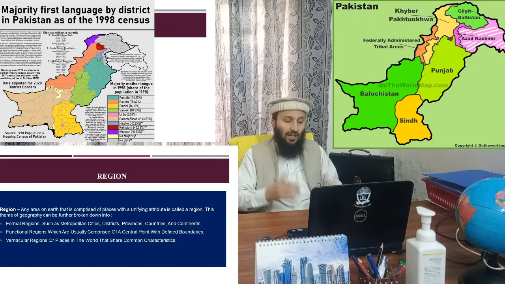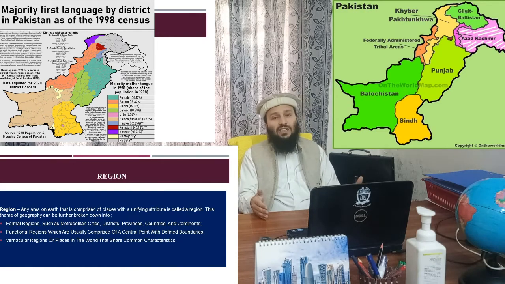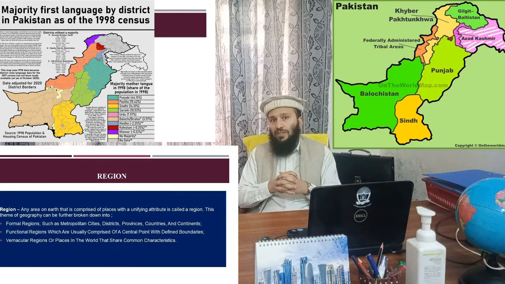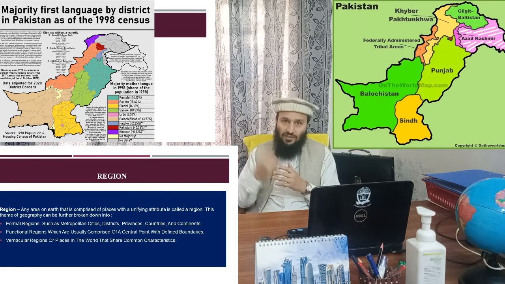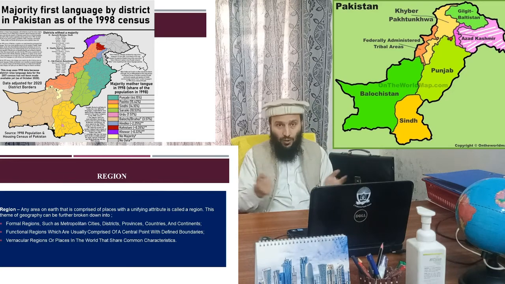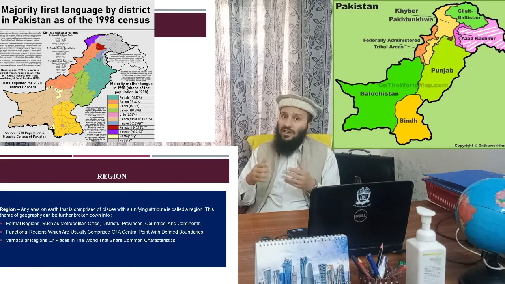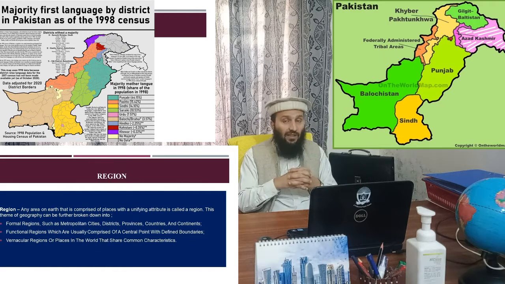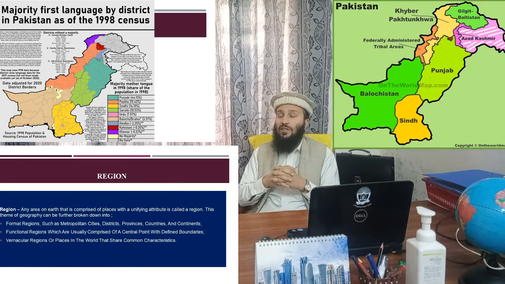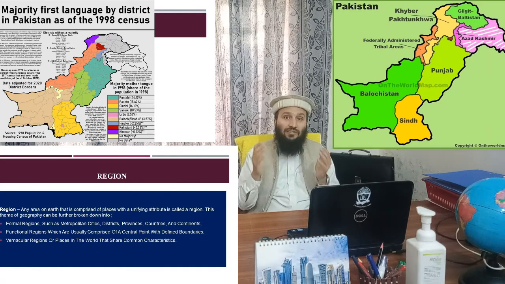We consider a larger area on the basis of certain similarities or uniformities to be a region. For example, if there is a place where the people speak a similar language, then that whole area will be termed as a linguistic region. We can divide, for example, an area on the basis of administration.